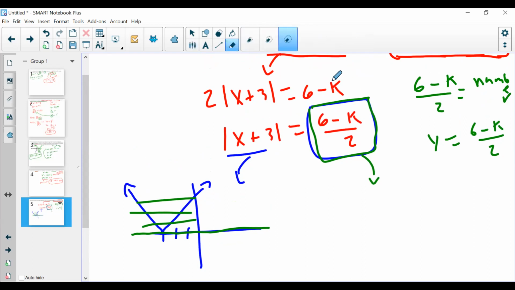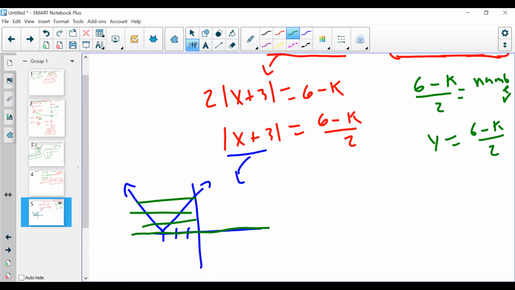All right. So you see how you got the 6 minus k divided by 2? You got this part right here. So this 6 minus k divided by 2, that's a real number, right? Yeah. So what I have right here is an absolute value equaling some number.